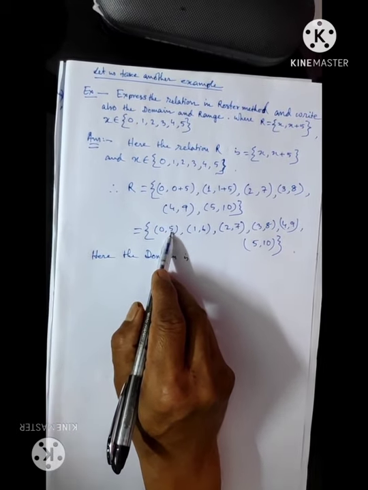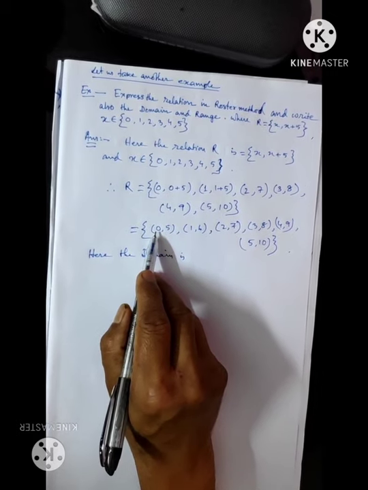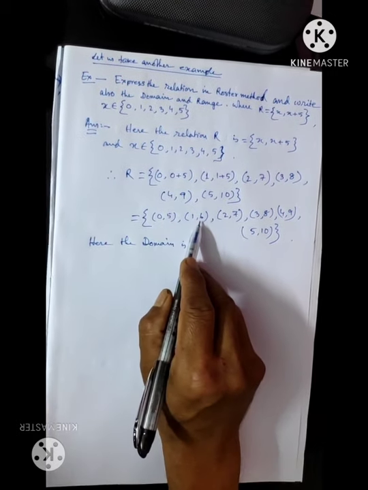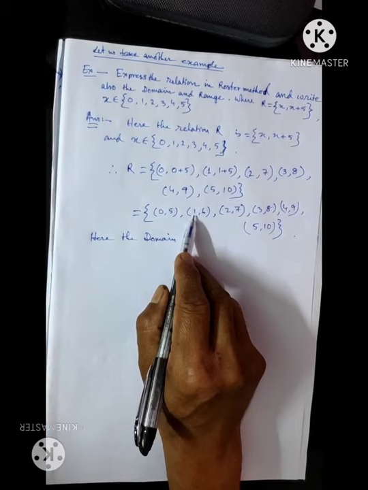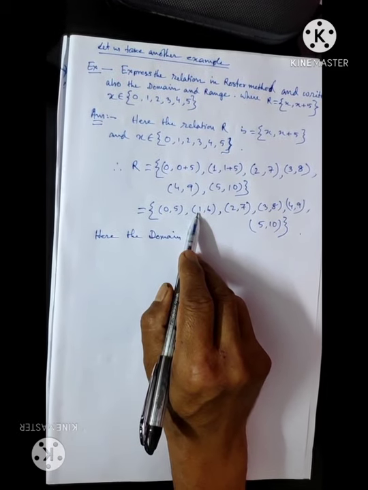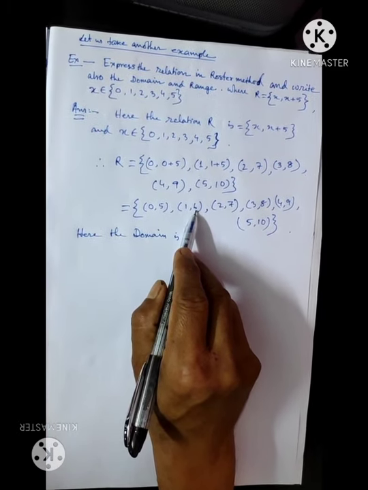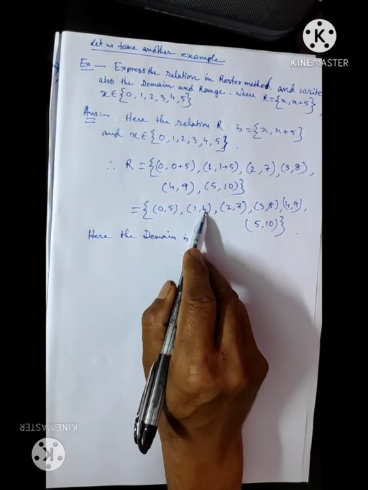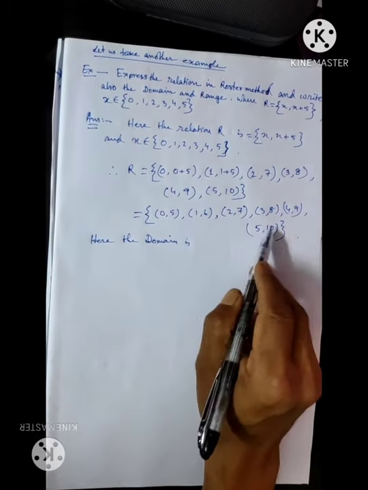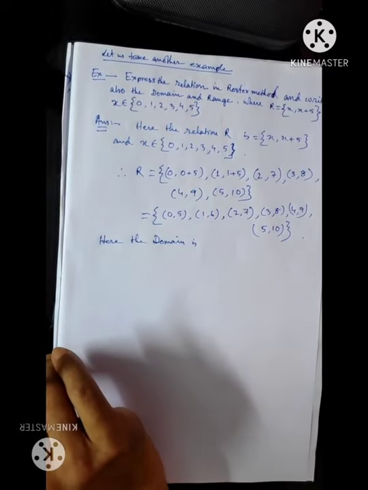This second element is the image of the first element. Here this ordered pair is 1, 6. 1 is the domain element and 6 is the range element, and 6 is also the image of 1. Similarly for the other ordered pairs.